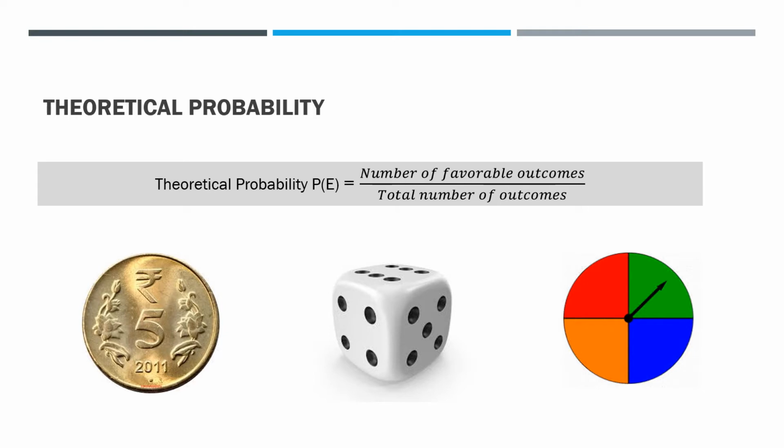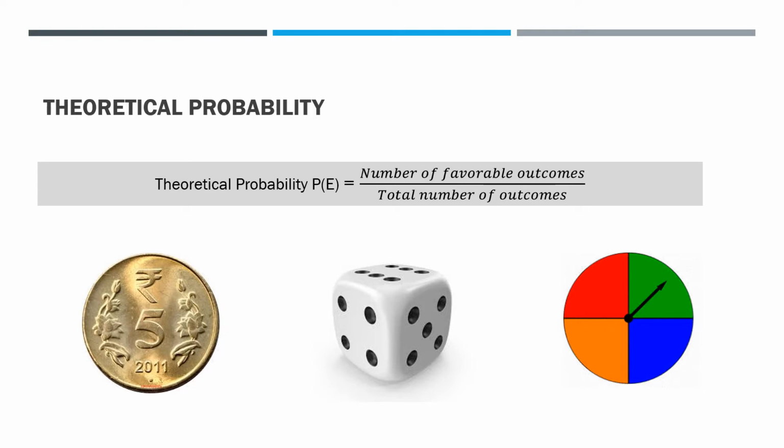Later on in this tutorial, we will also learn about something called empirical probability or experimental probability. Before going there, let's first understand theoretical probability. Theoretical probability is about probability that is mathematically possible. Let's understand this formula here.